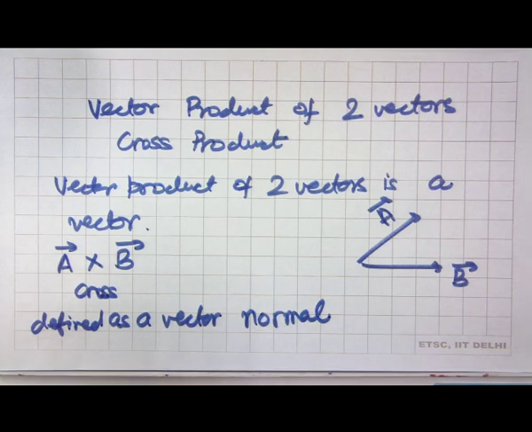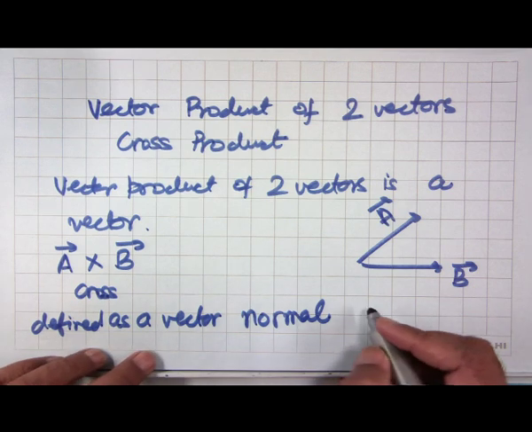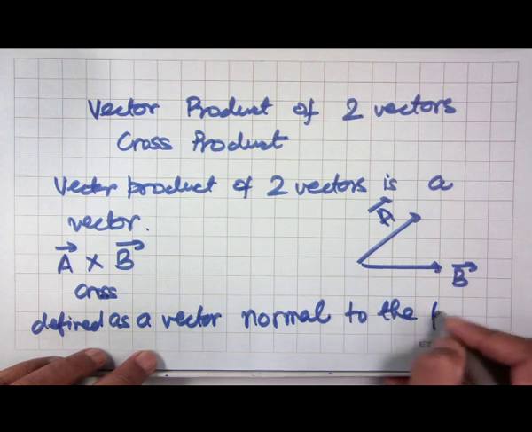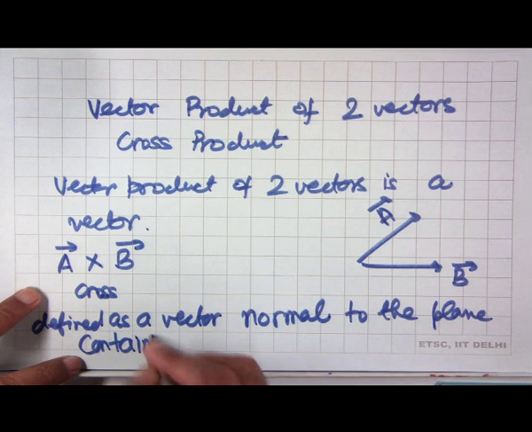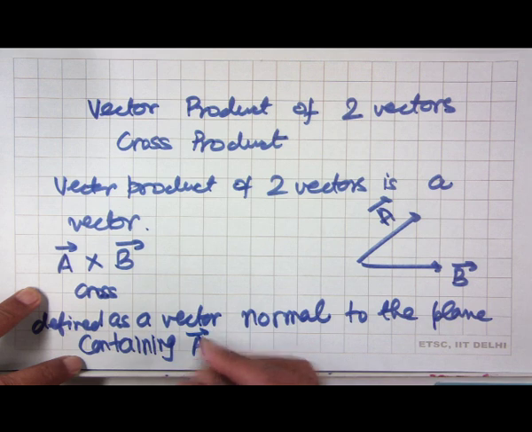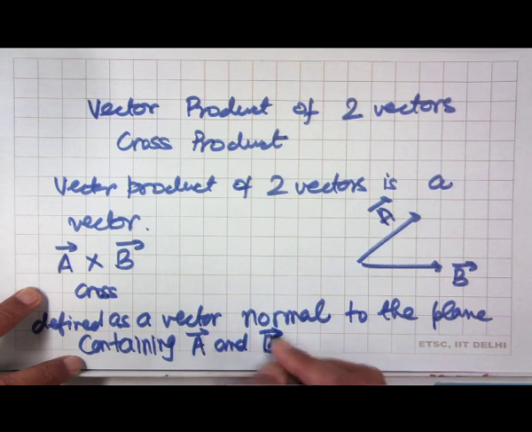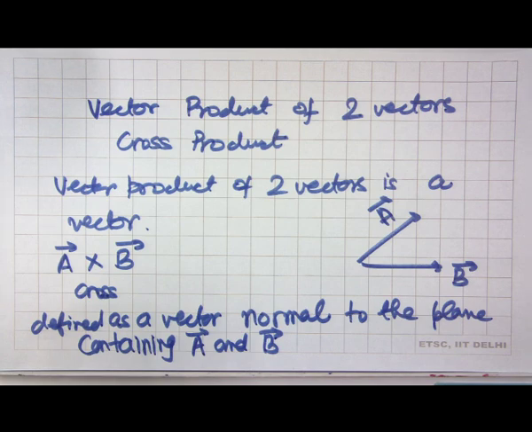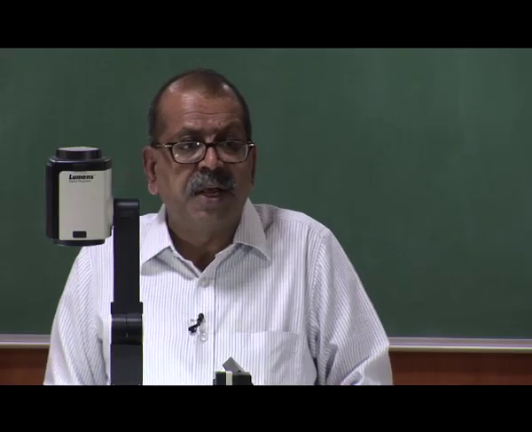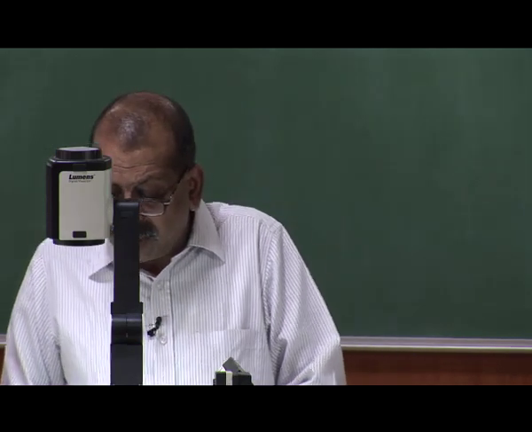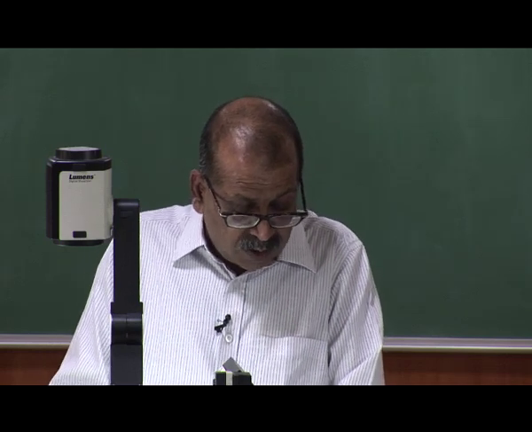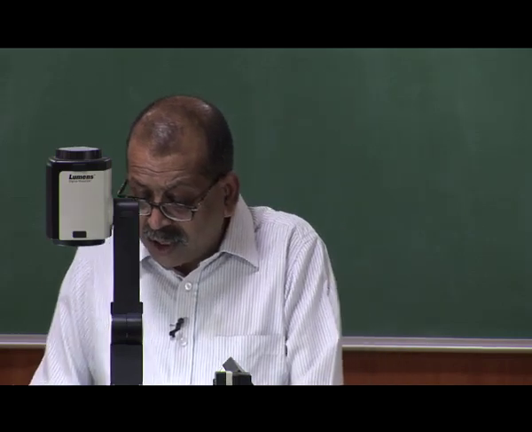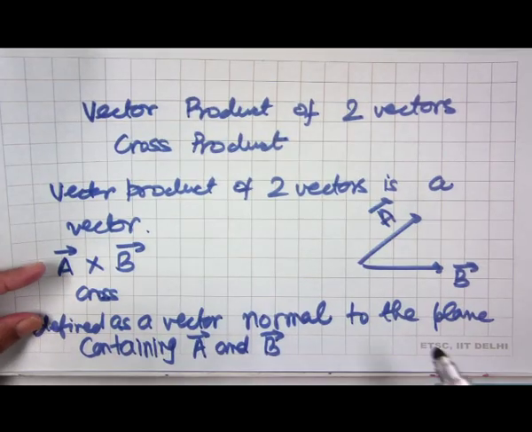The direction of this vector is normal to the plane containing vector A and vector B. That means, two vectors A and B will always make a plane. A cross B is a vector which is perpendicular to this plane. Now, first let me talk about the magnitude, because this normal itself can have two directions, and the direction will be explained in a moment.